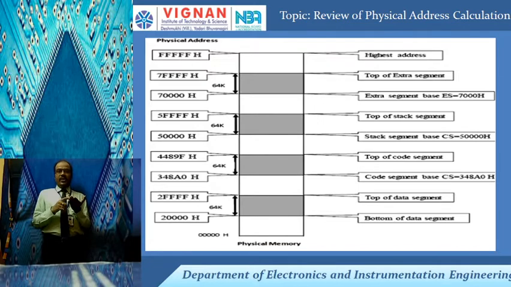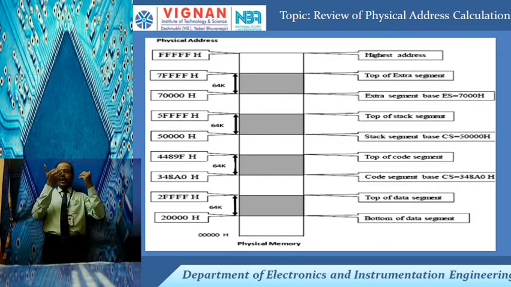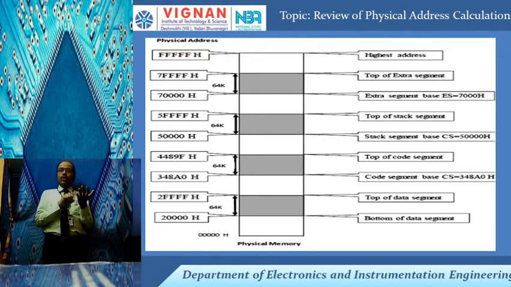The actual physical address is 23456H, but no register can hold it, because the registers are only 16 bit. That's why there are registers called segment registers. The segment registers hold the upper 16 bits of the starting address of the segment. So what is the starting address of that segment? That is 20000H. And the upper 16 bits are 2000.